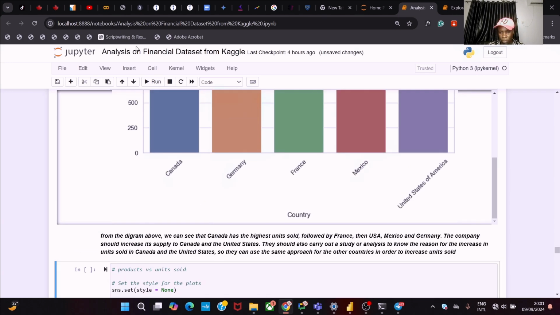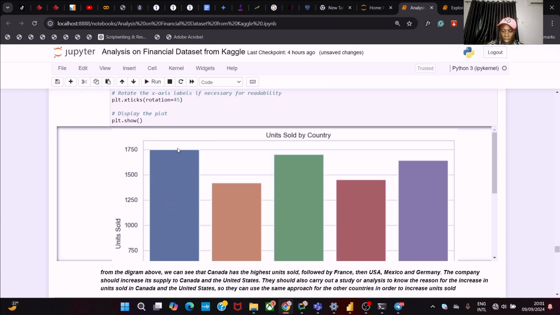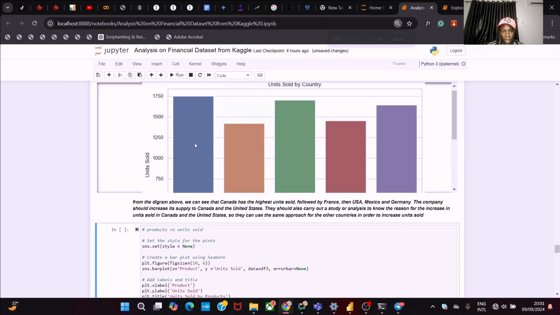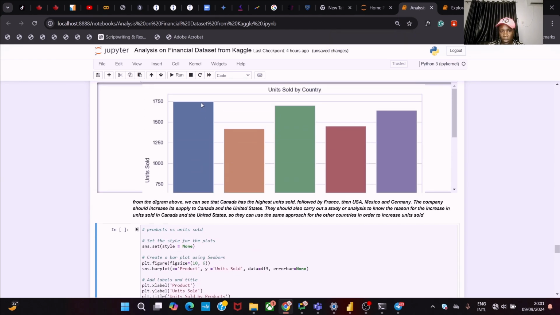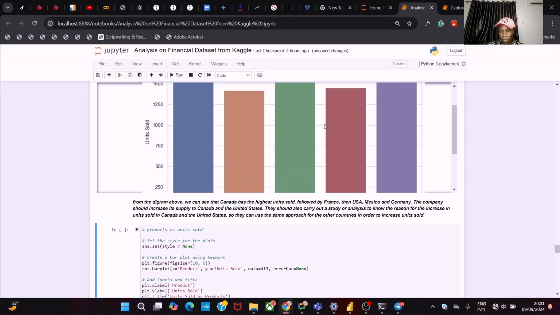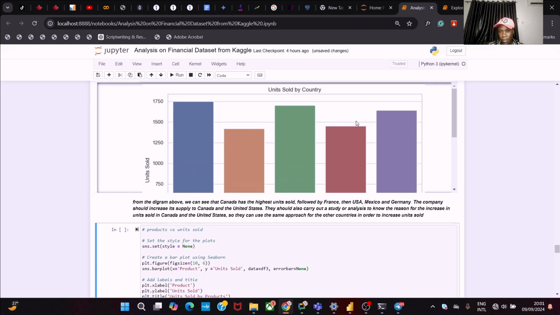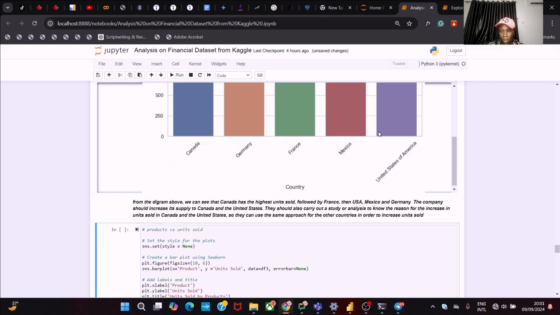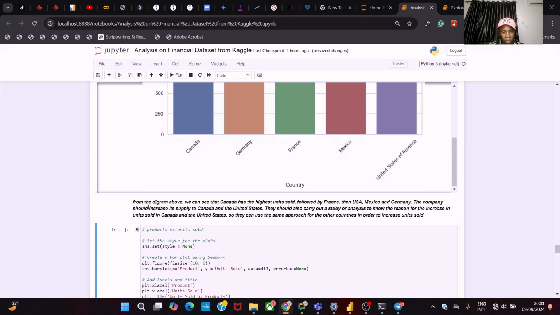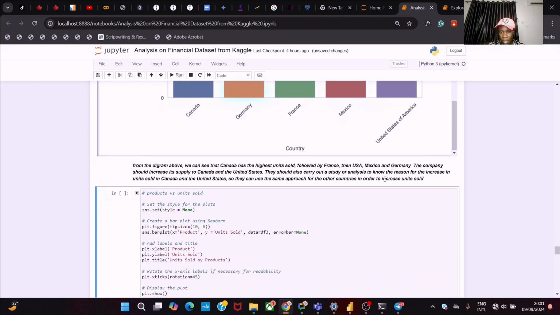Let's go ahead and run this. From this visual, we can see that Canada has the highest unit sold, followed by France, then America. So the story we are writing here is: from the diagram above, we can see that Canada has the highest unit sold, followed by France, then USA, Mexico, and Germany.